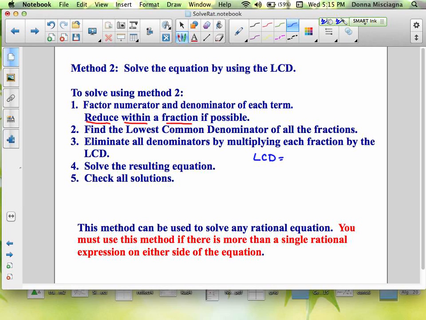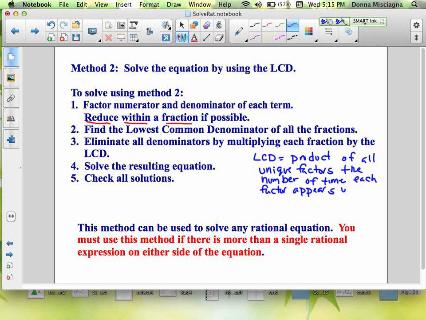So the least common denominator is the product of all unique factors the number of times each factor appears within an expression.